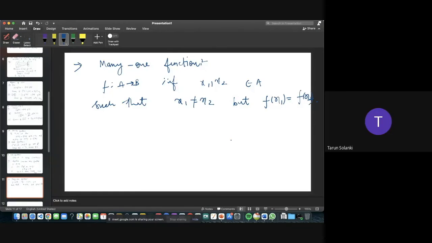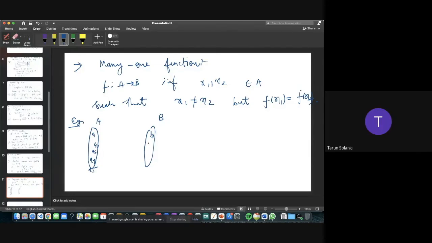Okay, so let us take one example, like the function with this A and this B. So a1, a2, a3, a4 and a5.